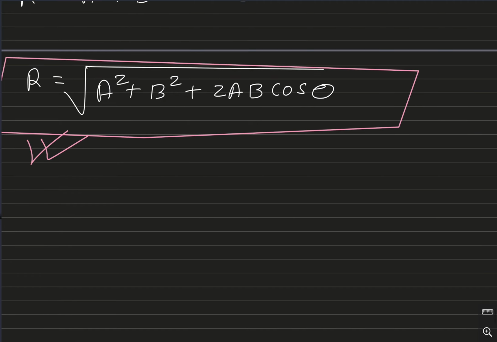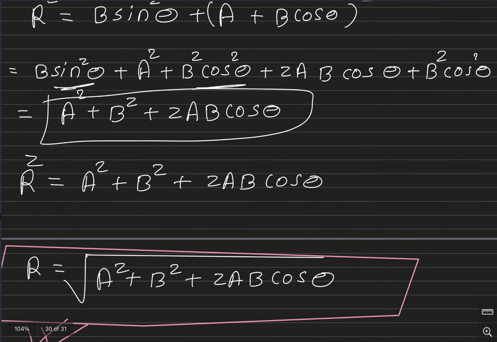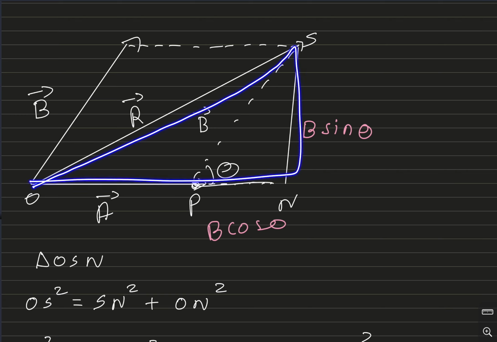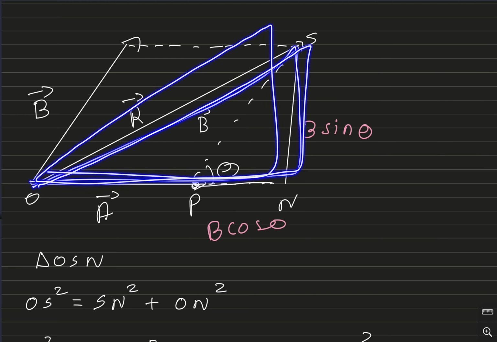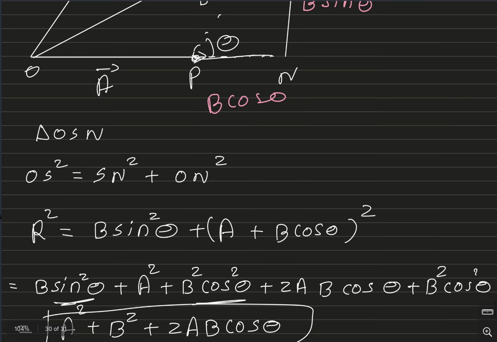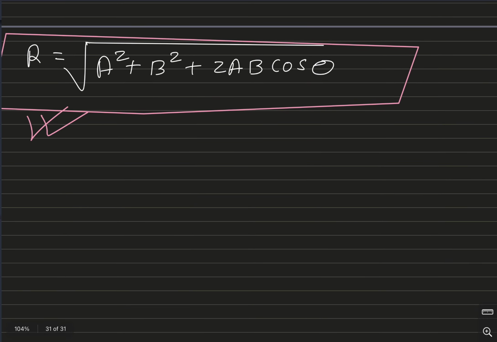So what is the direction of the resultant vector? You can also see it through the graph, vector OSN. This is also a right angle triangle, and we use tan theta to find the direction of this resultant vector.